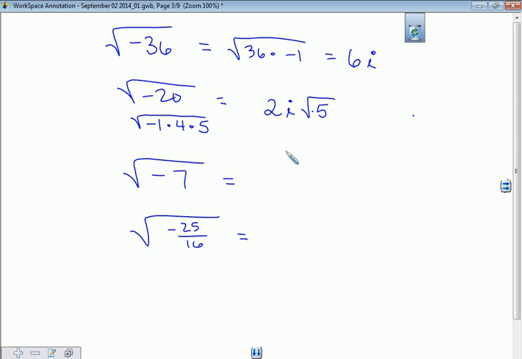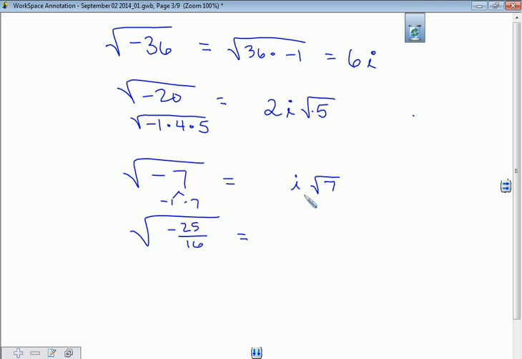Okay? Alright, what about this one? Square root of -7. What do you guys think that would simplify to? 7. Okay, can we take the square root of 7? No, so it has to stay under the radical. And the square root of -1 is i. So it's i root 7. And you always put the i first, immediately before the radical.